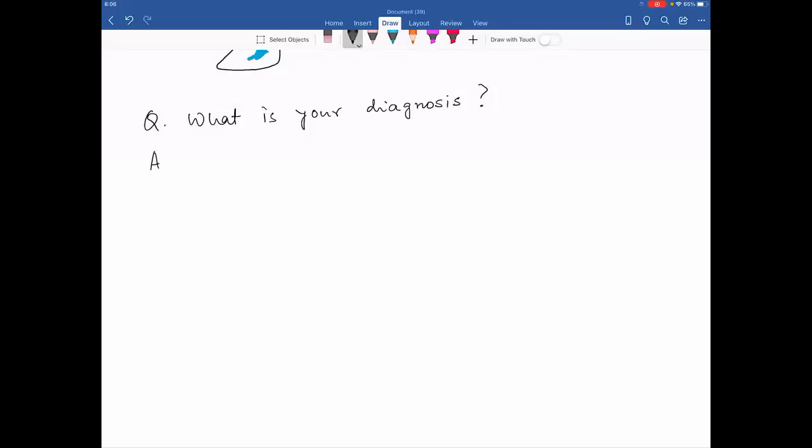Sir, the diagnosis is a 52-year-old gentleman, varicose vein involving great saphenous vein.